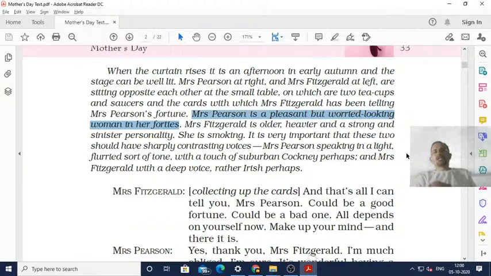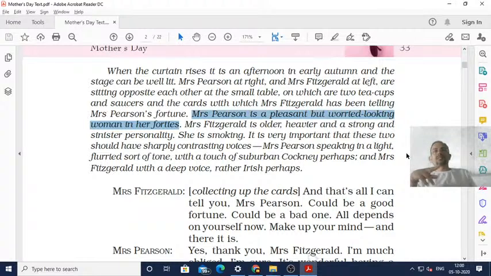Sinister means she is critical, criticizing in nature, someone who gives you the impression that she is very strict. On the other hand, Mrs. Pearson is a very pleasant lady, pleasant yet worried looking, in her 40s.